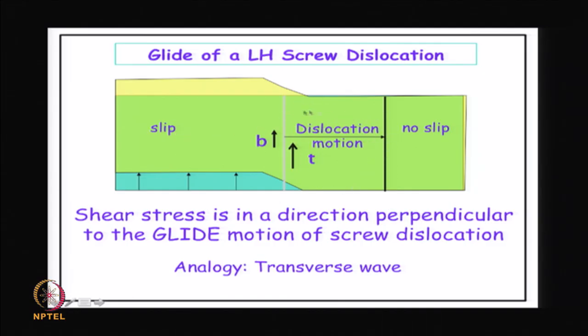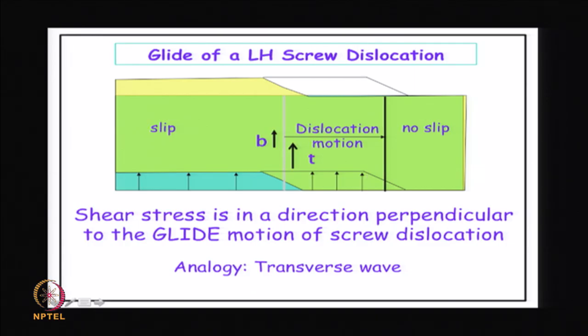So, this part which was currently unslipped will also become part of the slipped crystal, which means this region which has not yet slipped will slip in the direction of the Burgers vector to create this dislocation motion, because the boundary has now shifted. So, these atoms also will move in the direction of the Burgers vector.